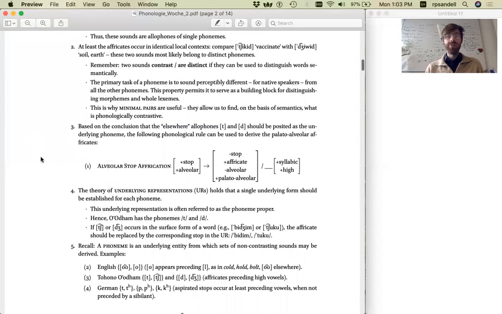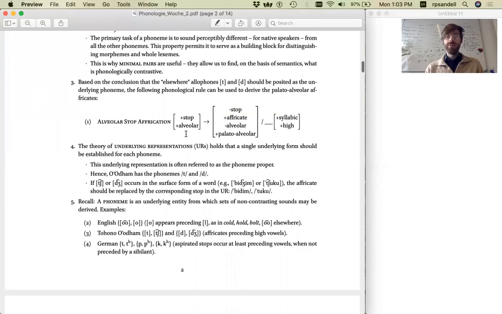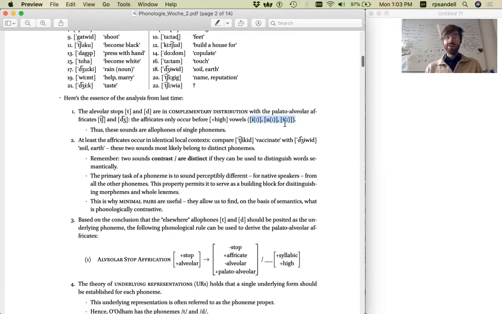And this was our rule of alveolar stop affrication, which simply states that an alveolar stop, which captures just the stops t and d as a natural class in O'odham, will become a palato-alveolar affricate, just in case it occurs before a high vowel. So here we'll use the phonological feature plus syllabic to identify vowels, and the feature high to pick out the group of vowels e, u, and I.